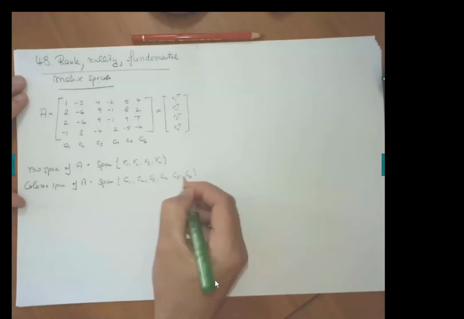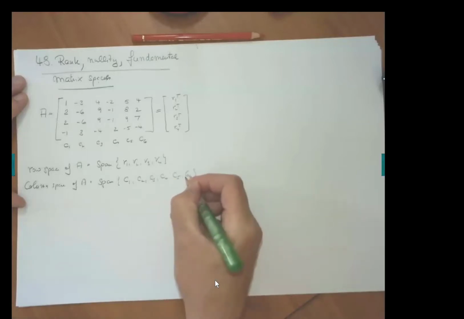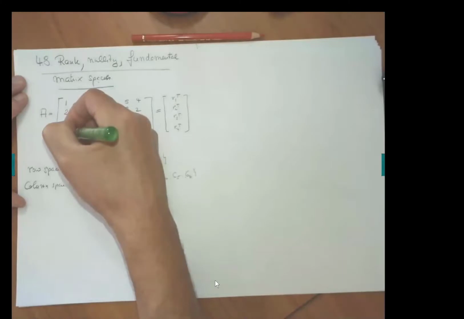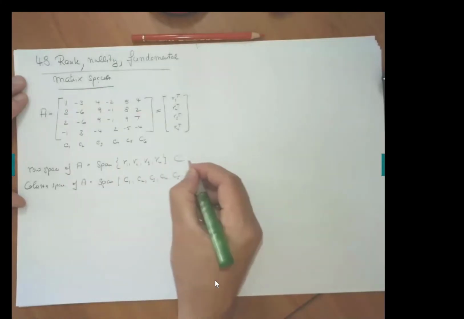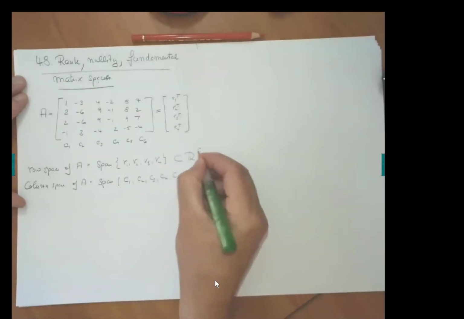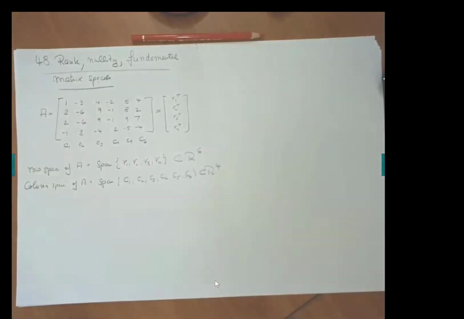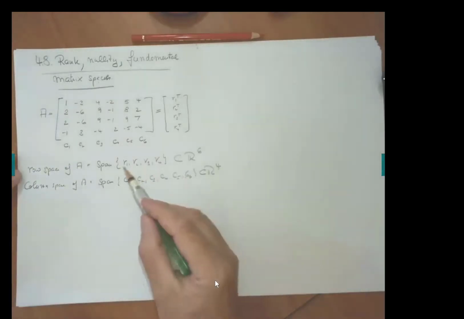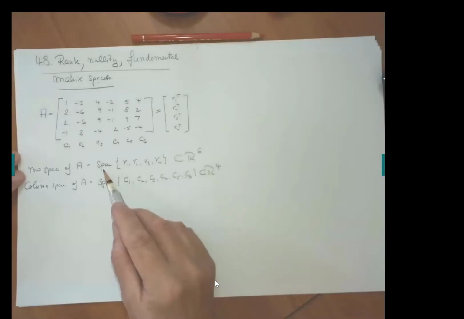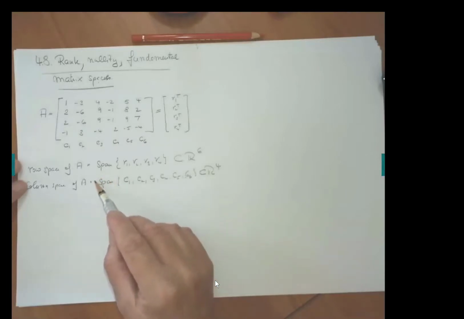I call it C for column, but keep in mind, this is not a coefficient. C1 is a 4 vector. So the row space is a subspace of R6, and the column space is a subspace of R4. Okay, so we have the row space and the column space.